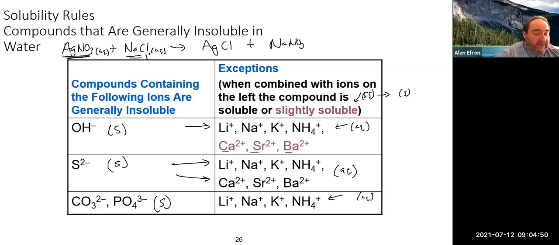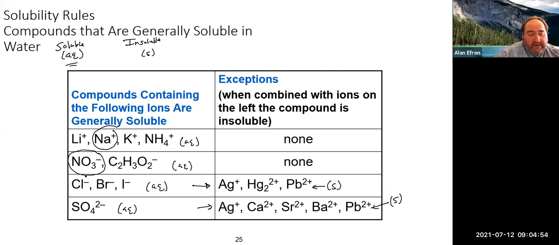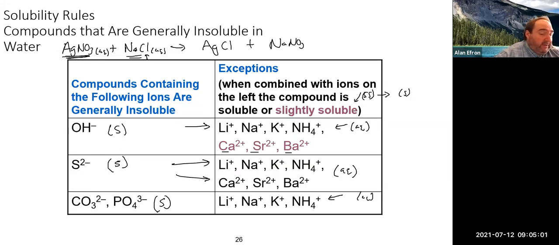But if you did want to look at the chloride, it is soluble in everything except for silver, mercury, or lead. In this case, that is not silver, mercury, or lead, so it's still soluble. Now if we look at silver chloride, again you may not be able to find silver, but we can find chloride.